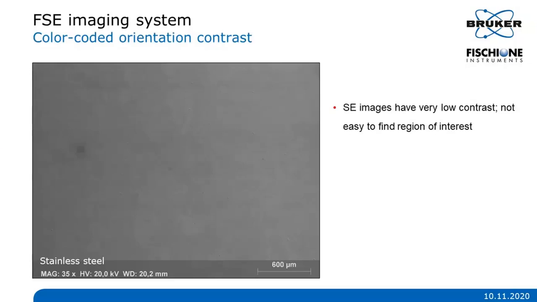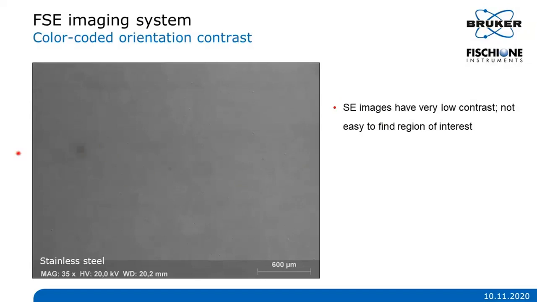Imaging the surface of a highly tilted sample with traditional secondary electron imaging or backscattered electron imaging is difficult. For instance, this is stainless steel, so an SE image of a well-polished stainless steel sample, and we cannot see the microstructure, except contamination from some EBSD test map. You cannot see anything.